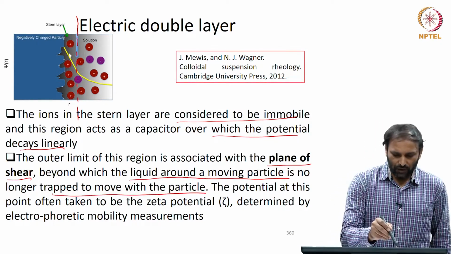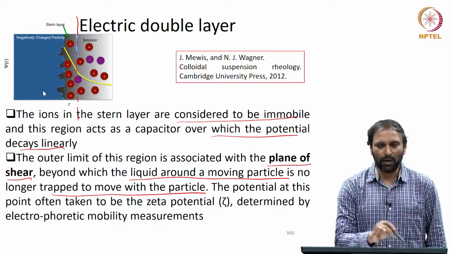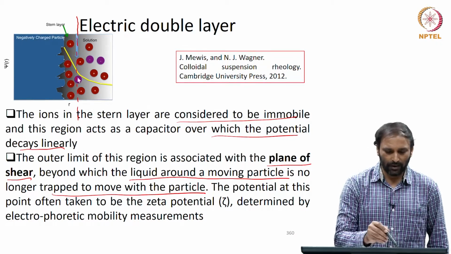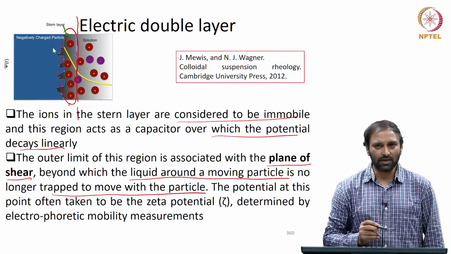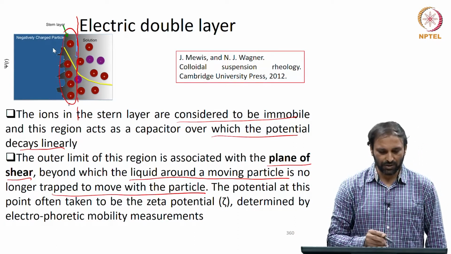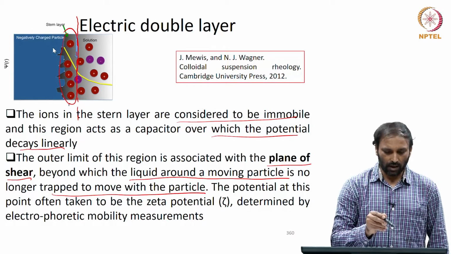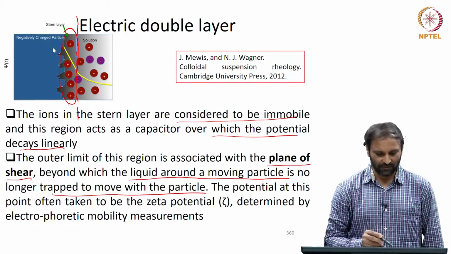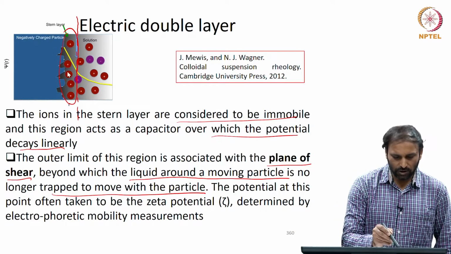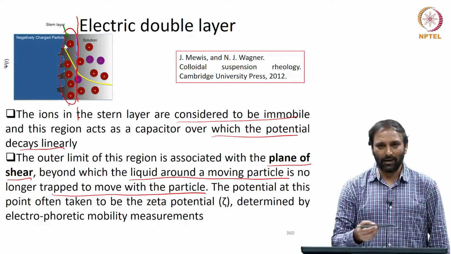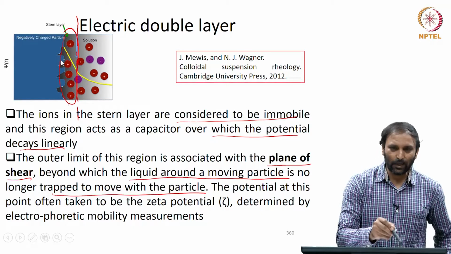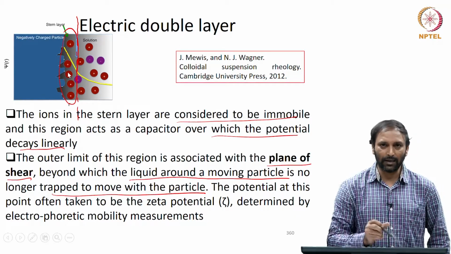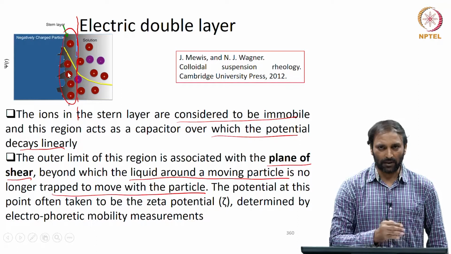So, if you look at the configuration of the charged particle and the solution next to it, there is a Stern layer, where there are strongly bound charges where the counter ions are strongly bound to the charged surface, and of course, there will also be some liquid in the Stern layer. Now, when the particle moves, whatever liquid is trapped in the Stern layer will also move along with the particle.